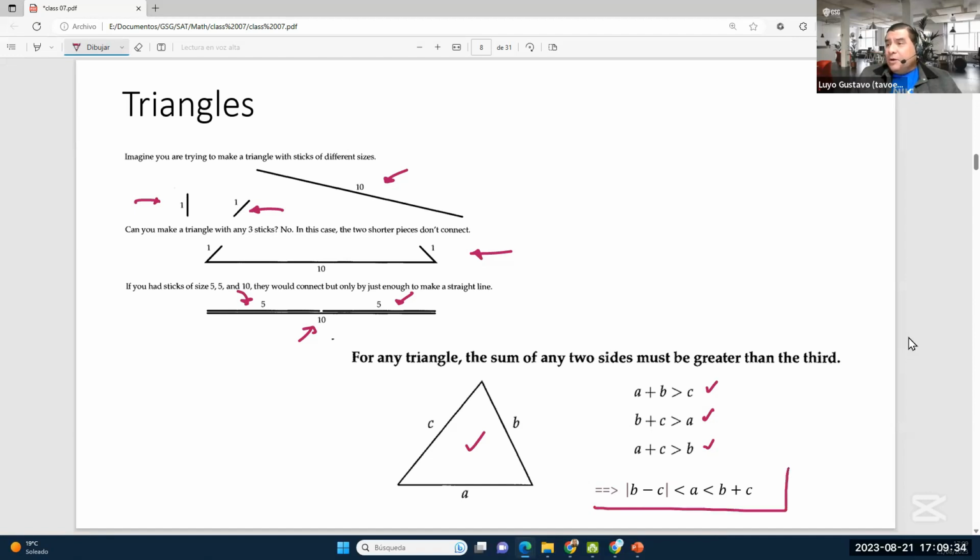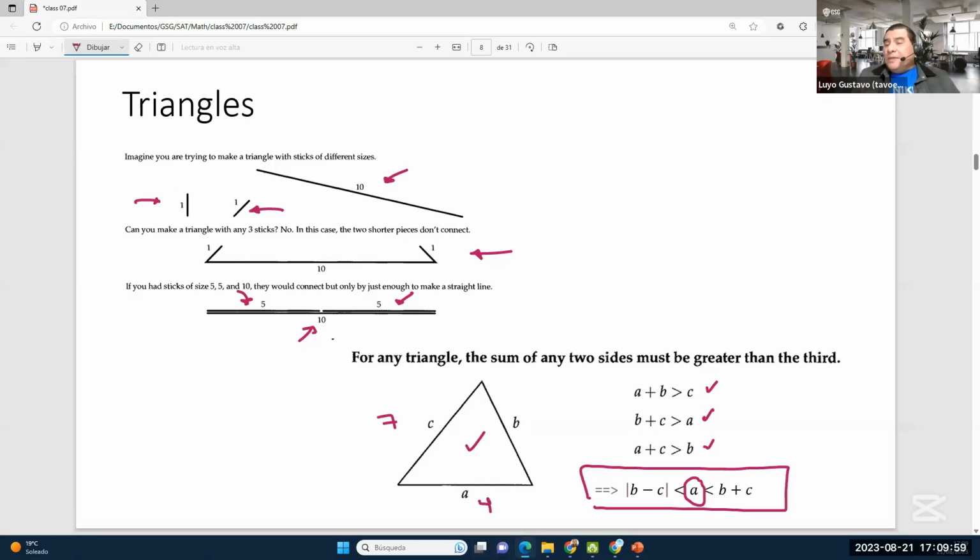For any of the three sides, there is a binding condition for the lengths. Any side has to be less than the sum of the other two and greater than the positive difference of the other two. Say, for example, that they tell me that this is 7 and this is, let's say, 4.